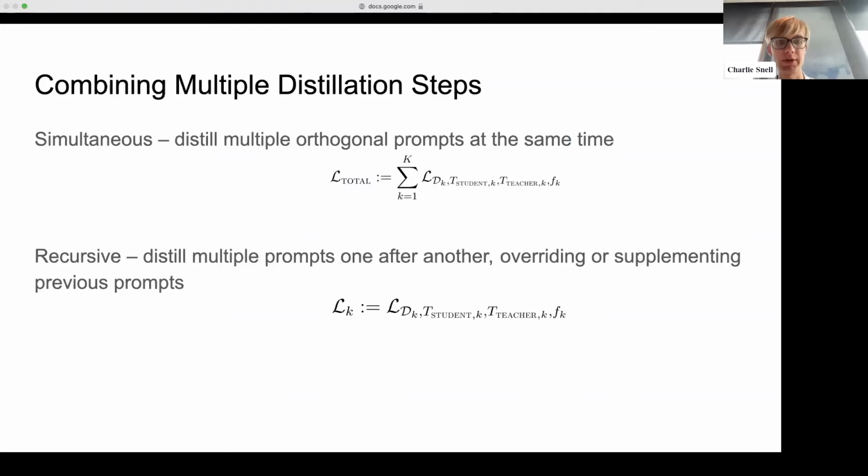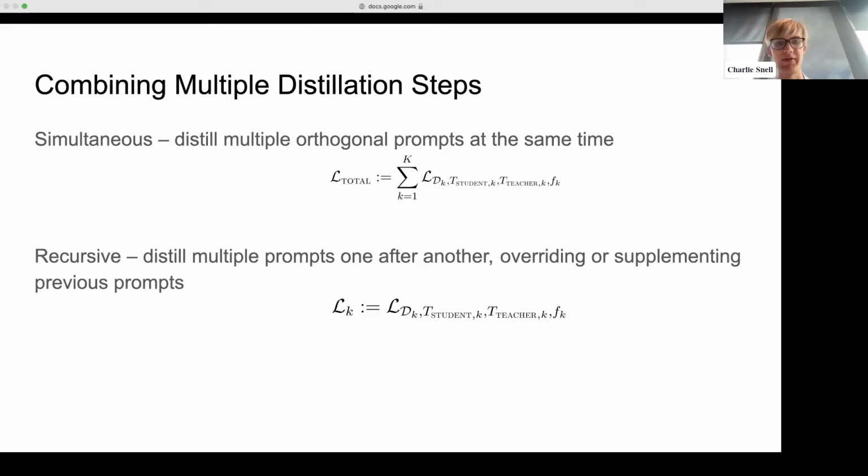You can also do recursive distillation, where maybe you want to override or update knowledge distilled from a previous prompt. For example, maybe you have a prompt which states a fact: Joe Biden is president. And the model is supposed to be able to use that fact whenever it's necessary. Once you get a new president, you're going to have to update that fact.